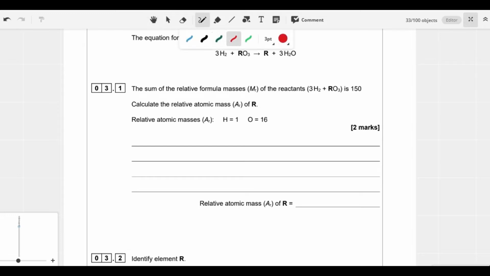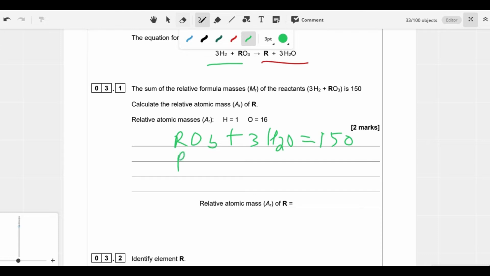So you can find the relative atomic mass by using the products or by using the reactants. For example, if we use the reactants, then it would be RO3 plus 3H2 gives 150.